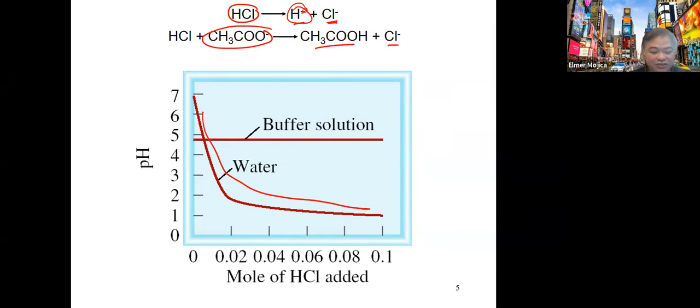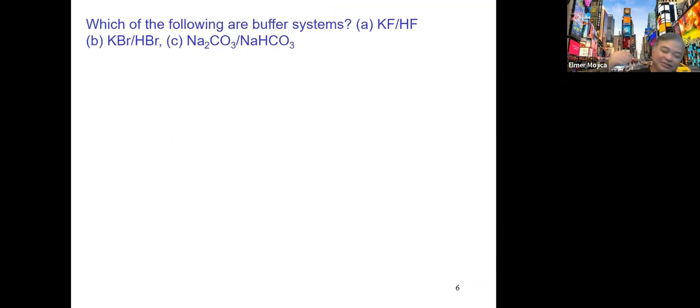Now, the classical question that can be asked here is this one. Can you answer it? Can you consider A as a buffer? So what do you need in a buffer, a weak acid or a weak base?